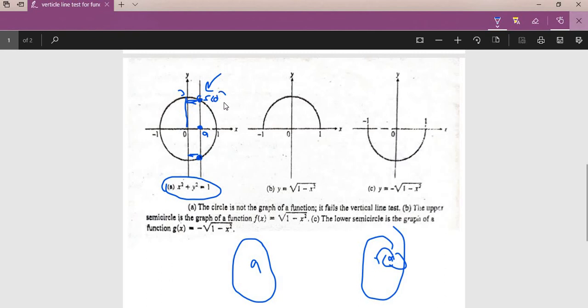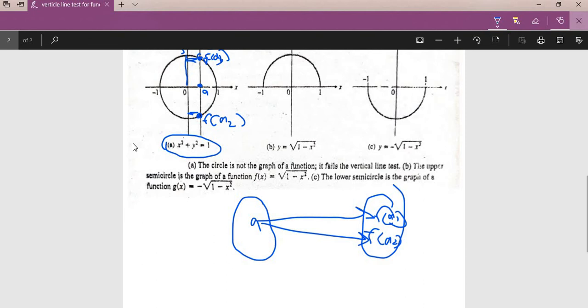I have to write it over here because there is no empty place. So we are getting f of a1 and f of a2 for a. This is impossible, so this is not the graph of a function.